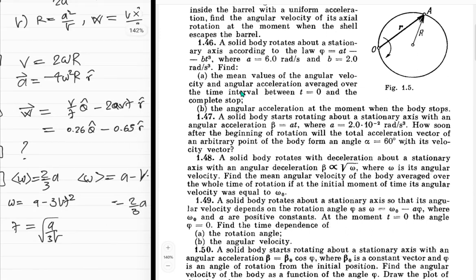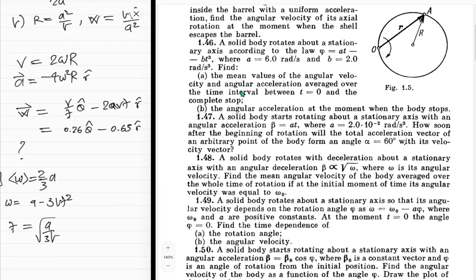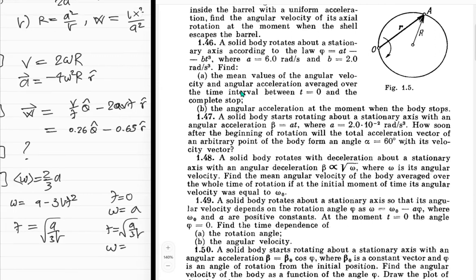Let's go for the average angular acceleration. So initially at t equal to 0, omega is a, and at t equal to square root of a upon 3b, your omega is 0, right? Because it's a complete stop.